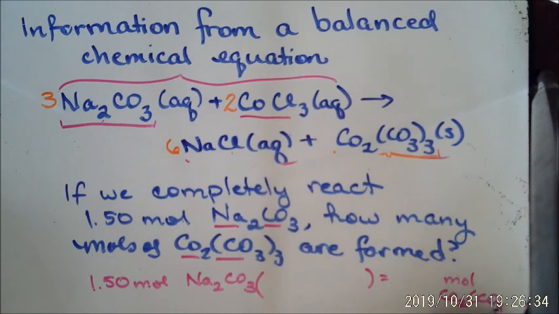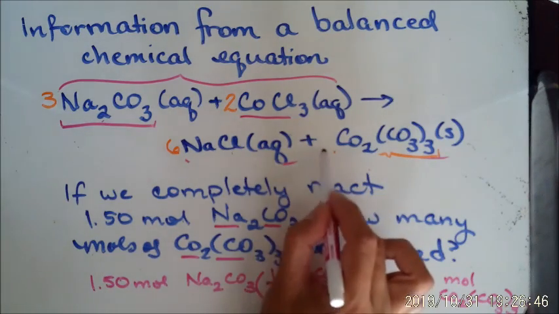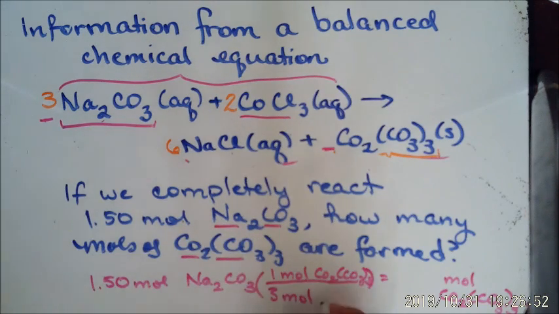So what's the relationship between the two? We know the relationship is that for every 1 mole of my cobalt-3 carbonate formed, and we get that from my coefficient here, we are using 3 moles of sodium carbonate.